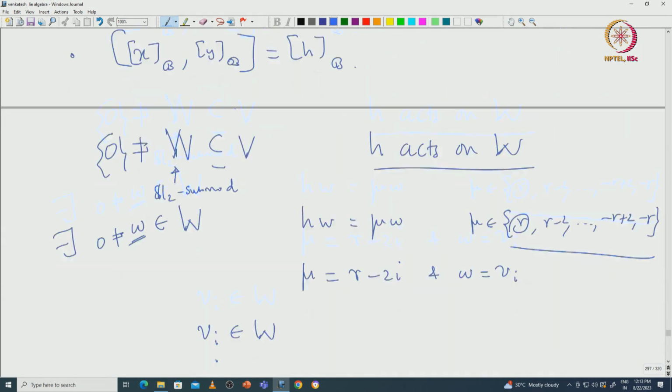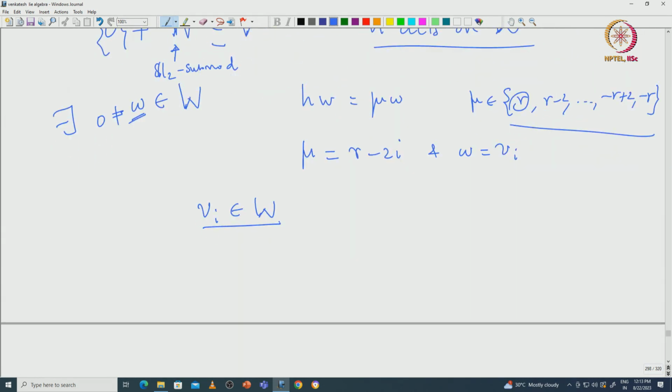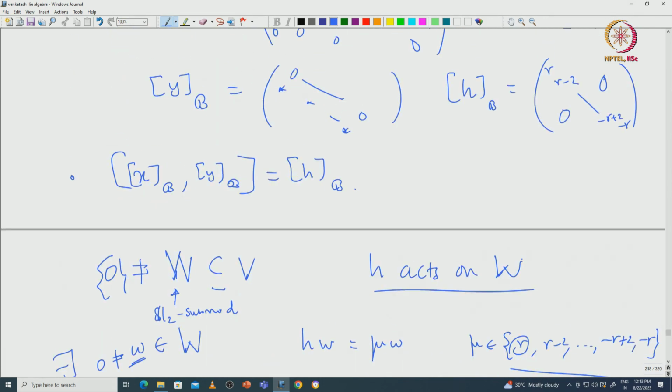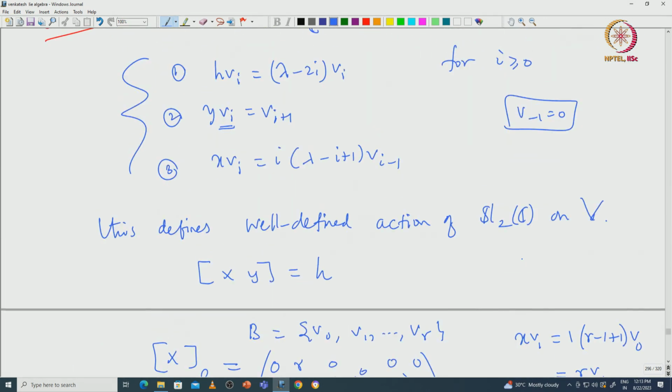Since this v i is in W, by applying y to v i you get v i plus 1, so that has to be in W. Similarly, by applying y again we get v i plus 2 is also in W and so on. So that proves that v j is in W for all j greater than or equal to i. Now, what happens if you apply x on v i?